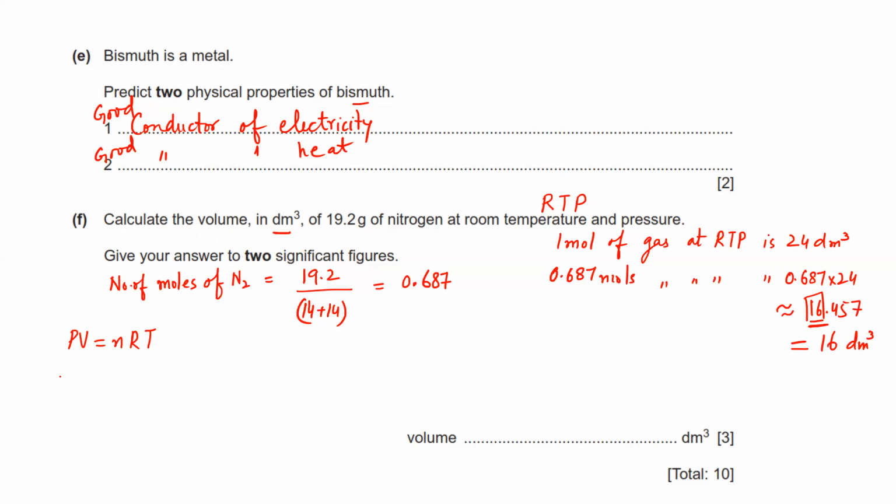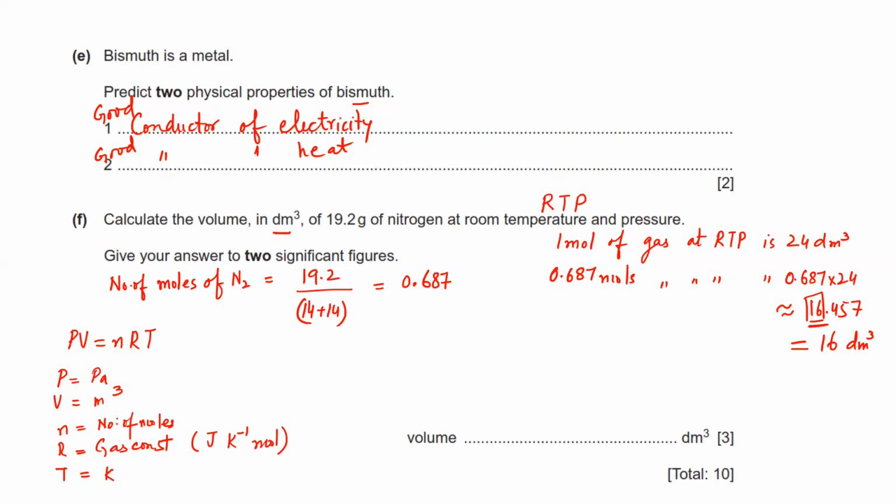Remember, the pressure is in pascals, volume is in meter cube, n is the number of moles, R is the gas constant, with units of joule per kelvin mole, and temperature is again in kelvins.